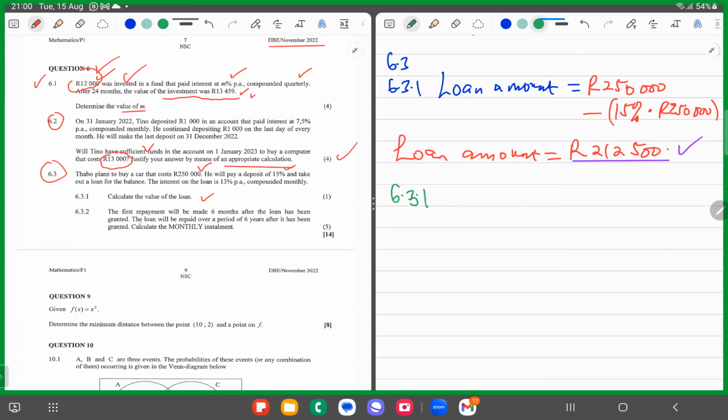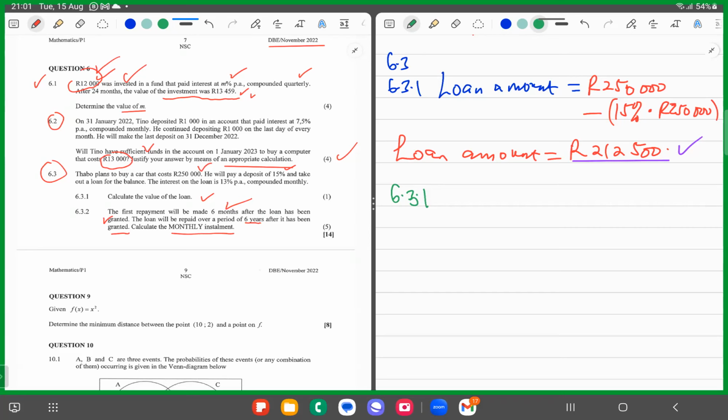Okay, right. So in 6.3.2, the first payment will be made 6 months after the loan has been granted. The loan will be repaid over a period of 6 years after it has been granted. Calculate the monthly installment.